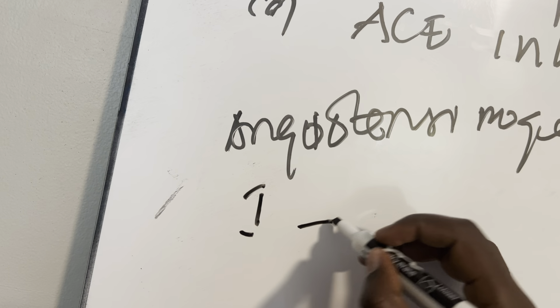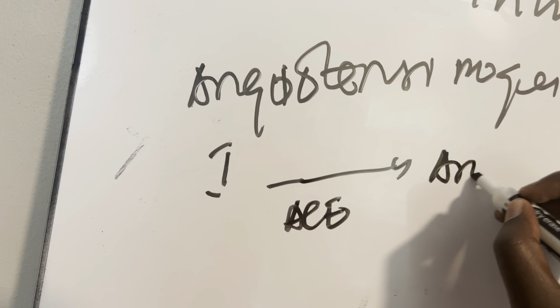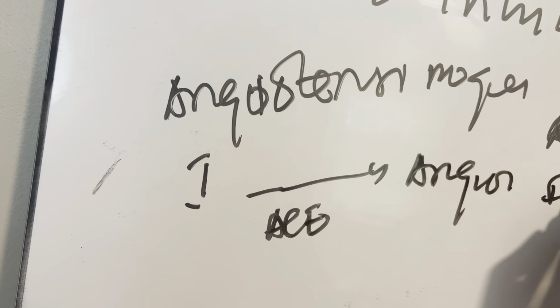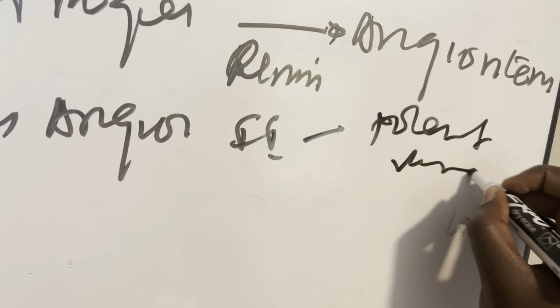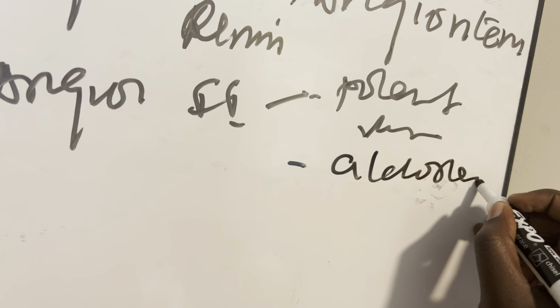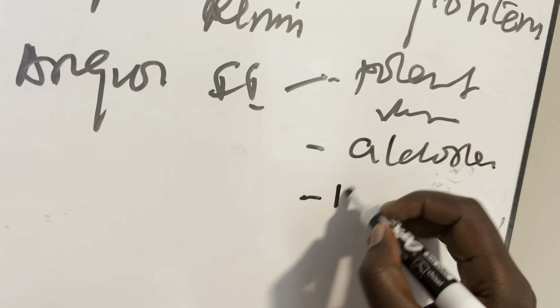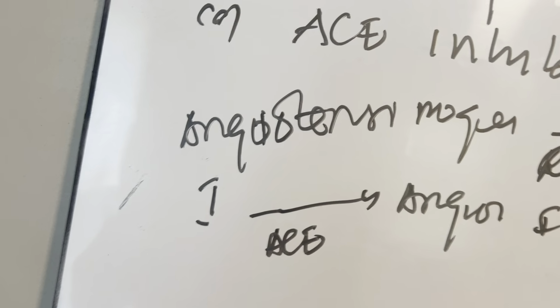And then angiotensin 1 is converted by angiotensin converting enzyme to angiotensin 2. Angiotensin 2 is a potent vasoconstrictor. It causes the release of aldosterone, which results in water and sodium retention and other events.